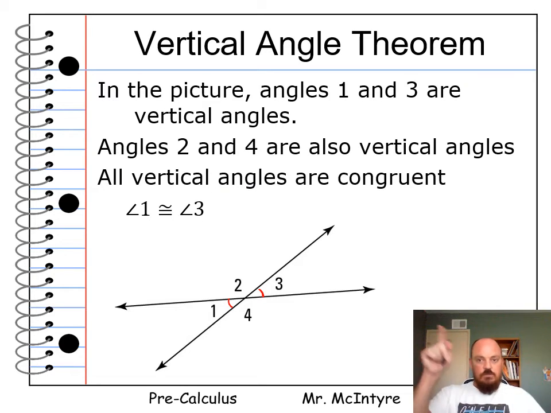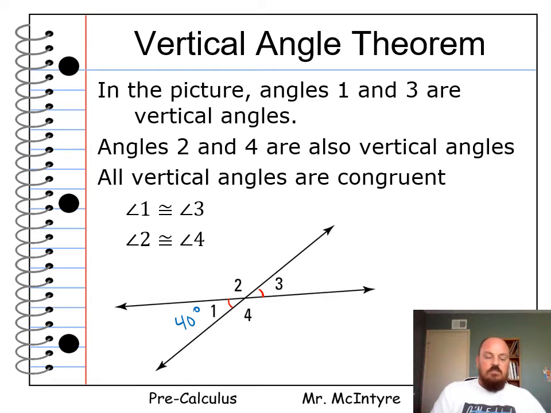So the little angle symbol means angle, and that equal sign with a squiggle over it means congruent. So angle 1 is congruent to angle 3. And also angle 2 is congruent to angle 4 because they're vertical angles too. So it makes it real easy. I could turn this into a problem where I say something like, if angle 1 is 40 degrees, what's angle 3? Well, it's also 40 degrees. They're equal. They're congruent.